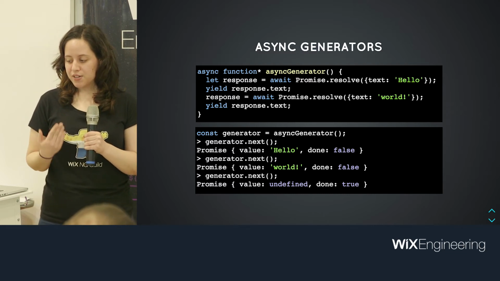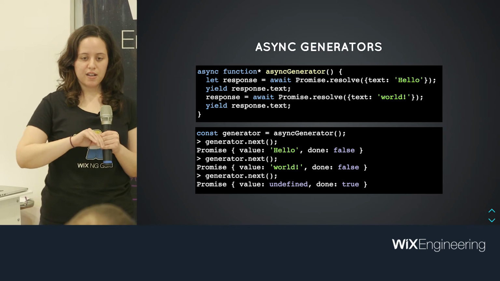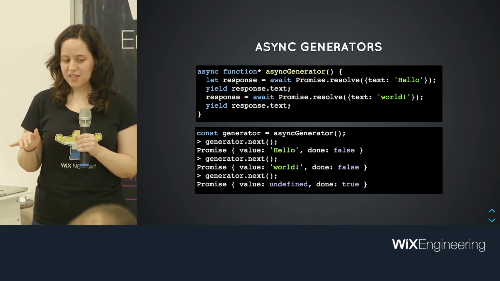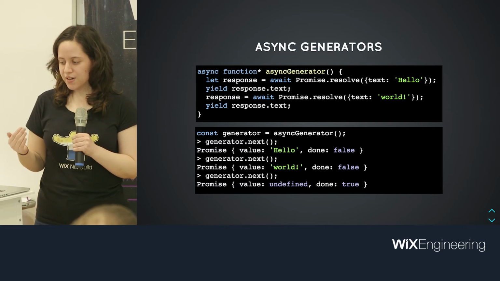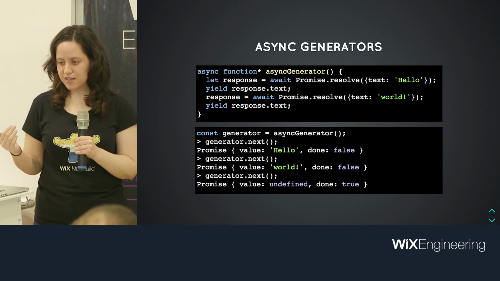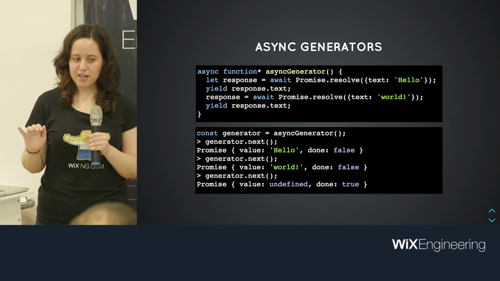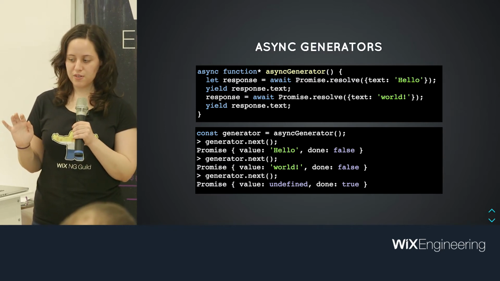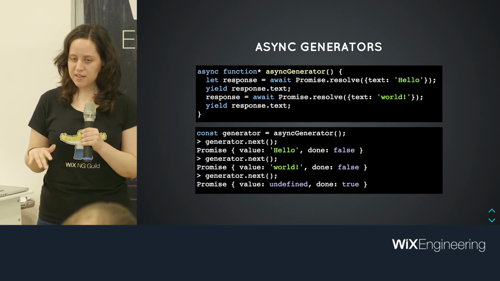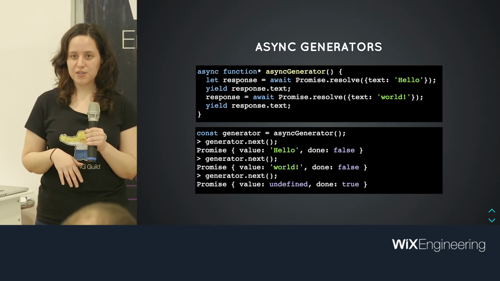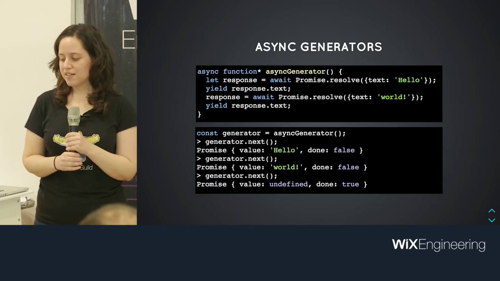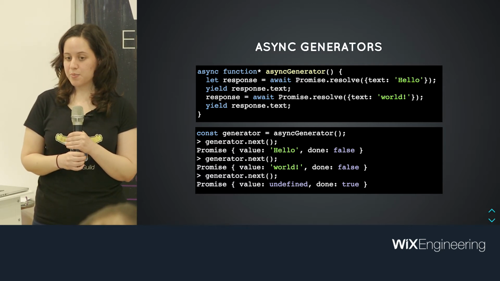What's happening when you call next is that you get inside the generator, and you run until the await, and then it suspends because we are waiting on a promise. The execution reverts back to the next method, and it returns a promise.